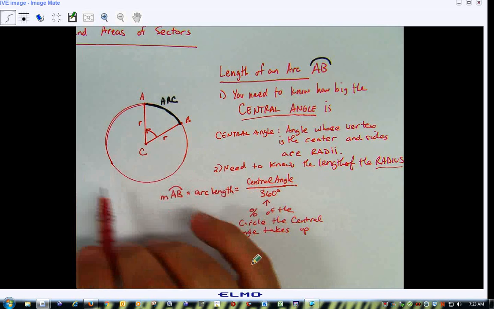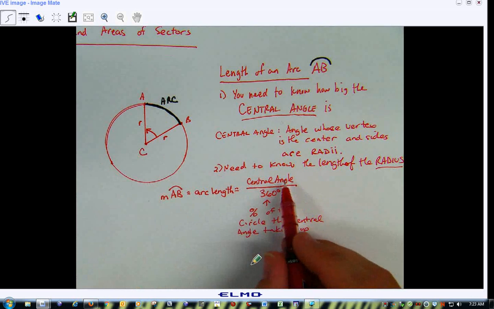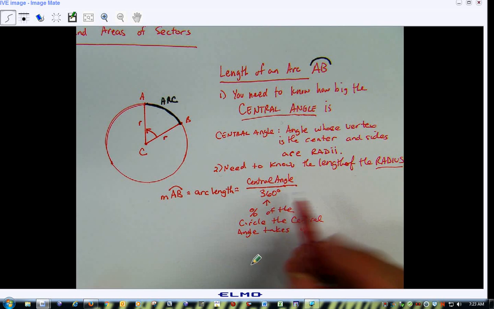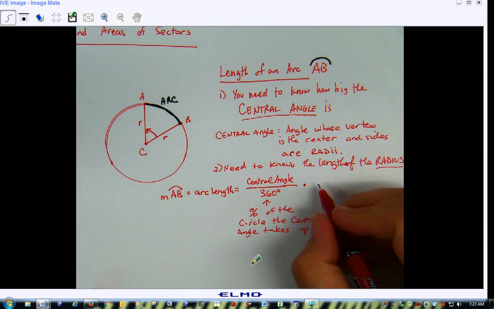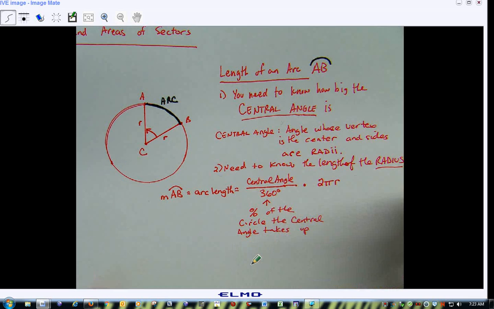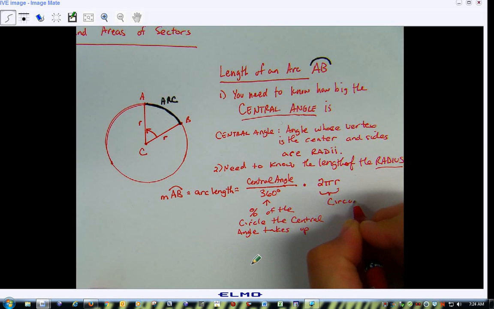We want the percentage. So we're going to take the central angle divided by 360. And then we're going to multiply this by the circumference. We're going to multiply this by 2 pi r, which this part right here is your circumference.